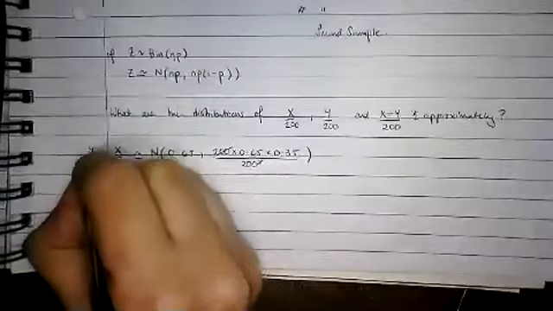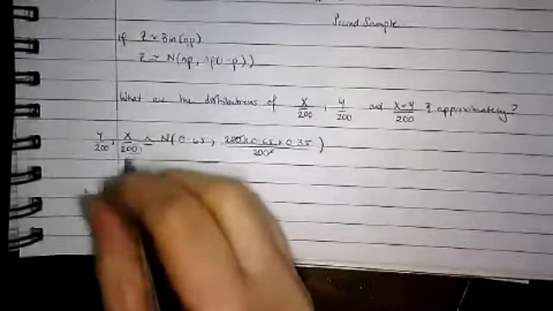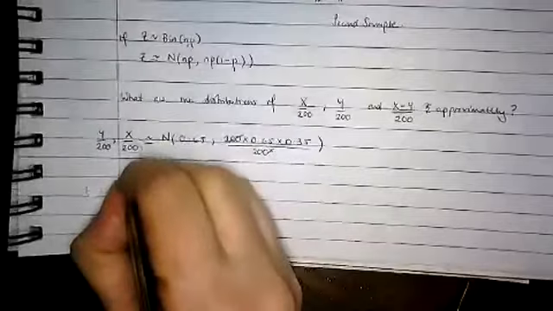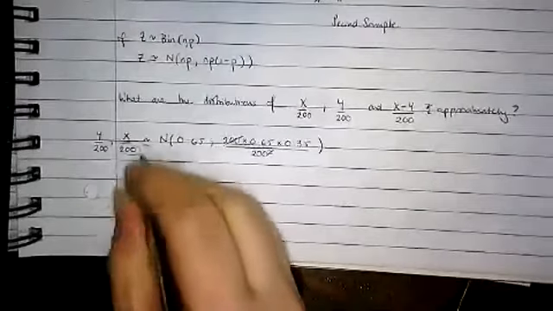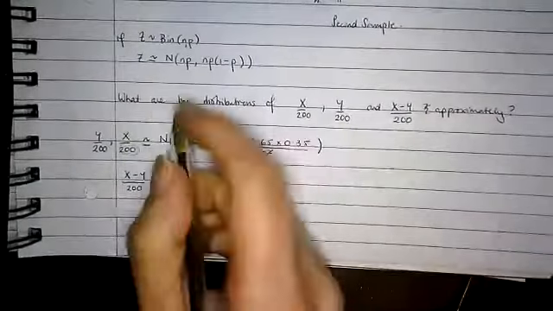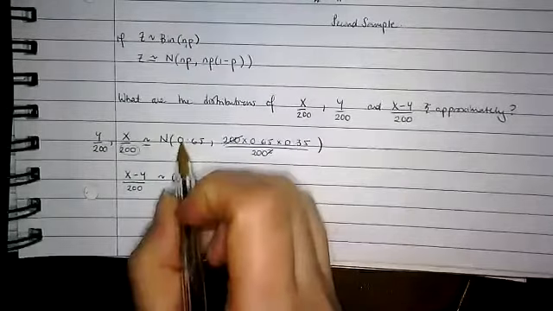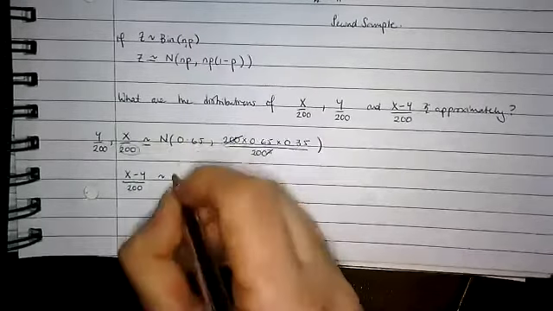Now, hopefully, we're okay with the fact that Y divided by 200 is going to have exactly the same approximate distribution because we knew that X and Y are identically distributed. What about the difference? So if I take the difference between the two, so I'm taking the difference between two normal random variables. I take the difference between their two means, so 0.65 minus 0.65 is 0.